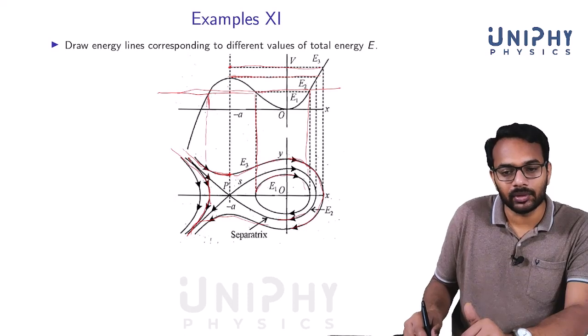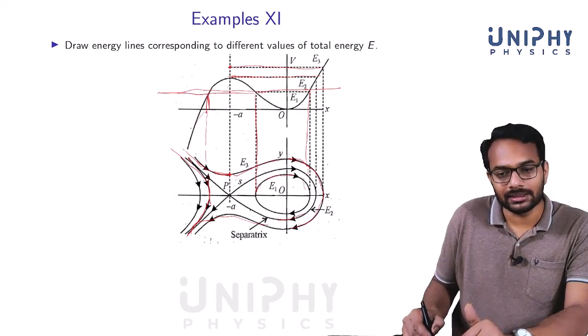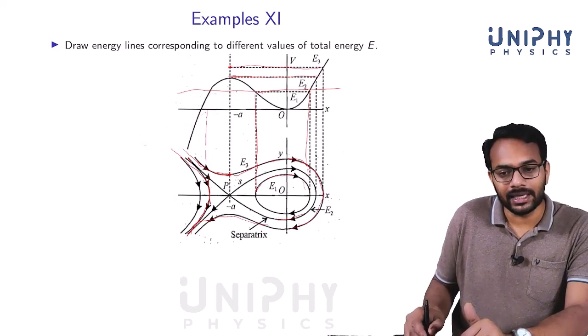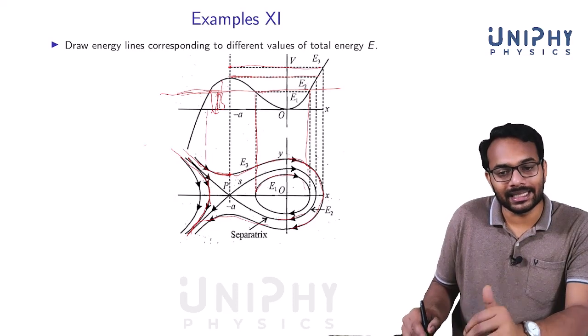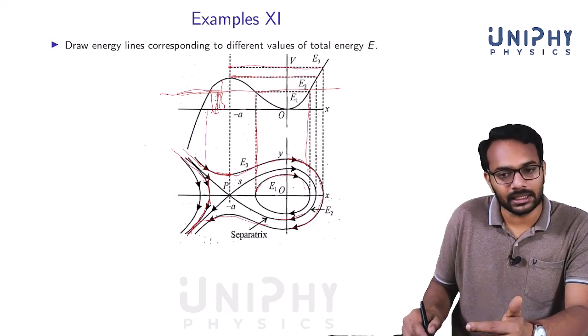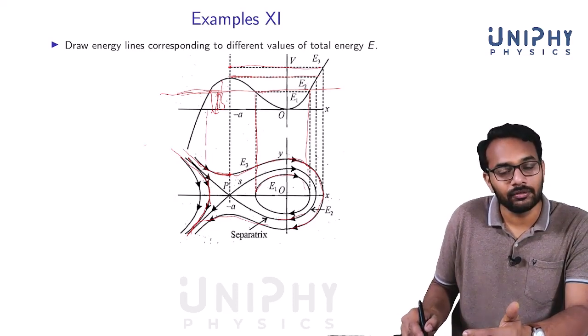Because at this point the particle coming from minus infinity, the momentum will decrease, and then it will go back, all right? Because if the energy is E2, inside this, for example, this is the height of the potential energy, this is the height of the energy, you see that V is greater than E. So this region is classically forbidden, all right?